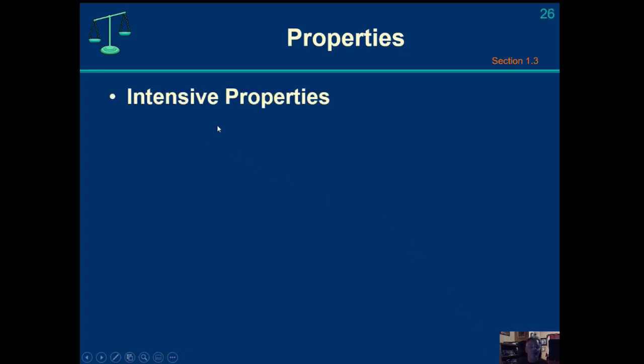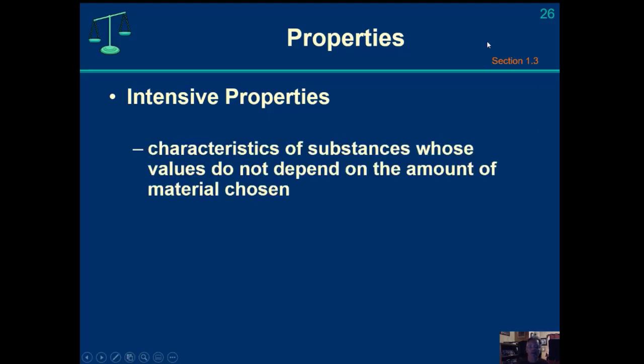Continuing with properties, we have intensive properties. Intensive properties are characteristics of substances whose values don't depend on the amount of the materials that we examine. So, for instance, the color of a substance. I could have a gram of gold or a pound of gold.